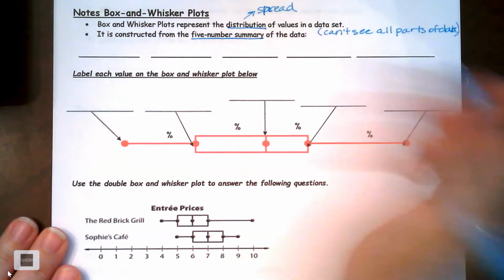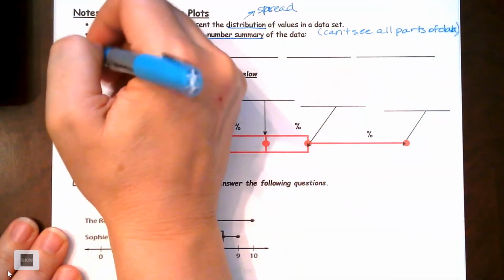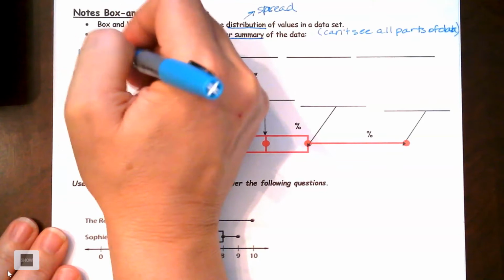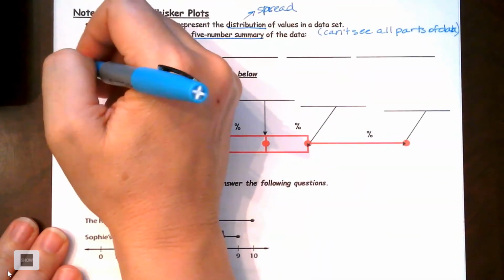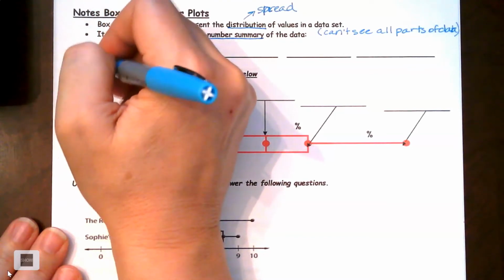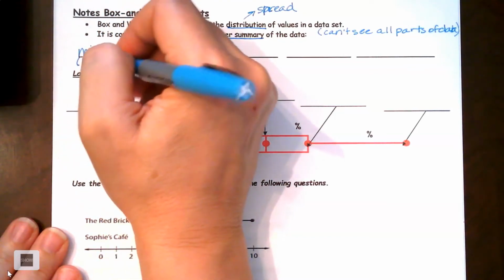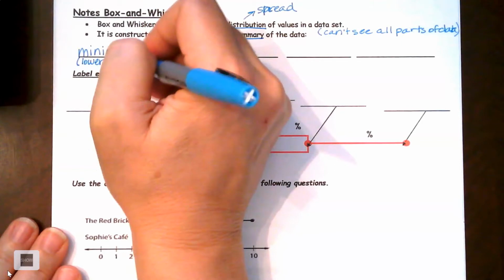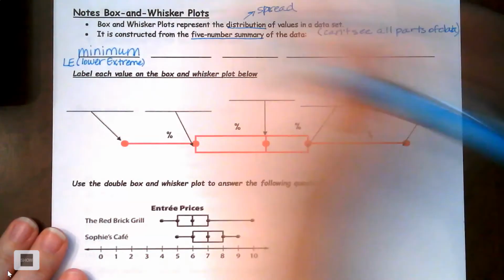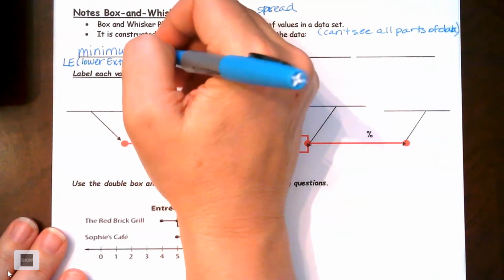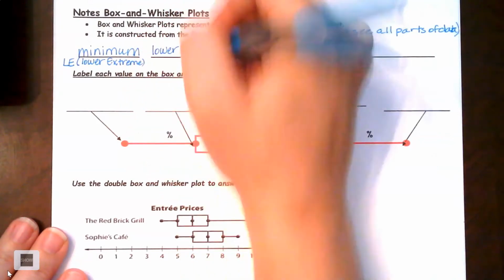Okay, the first one that we see will be called the minimum. And another word for that is lower extreme. Some people abbreviate that as LE. And then we have the lower quartile.